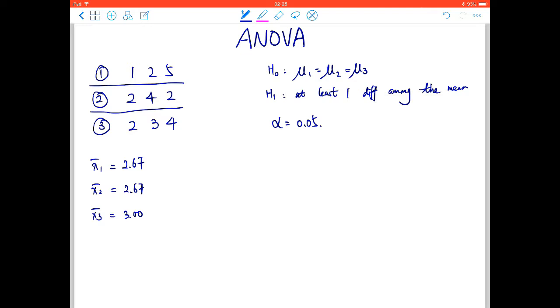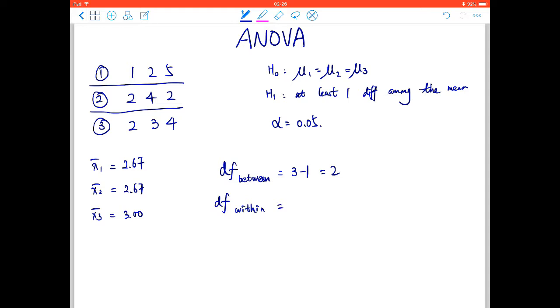And also, we need to check the degrees of freedom. The degrees of freedom between the groups will be 3 minus 1. Since there are three categories and we simply subtract 1, we get 2. And also we need to calculate the degrees of freedom within the groups.